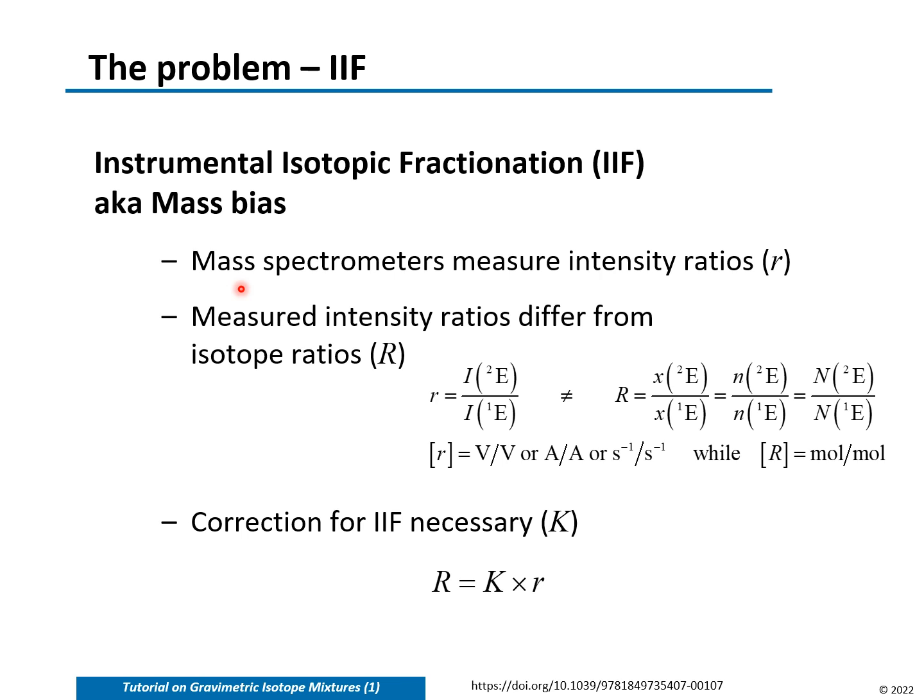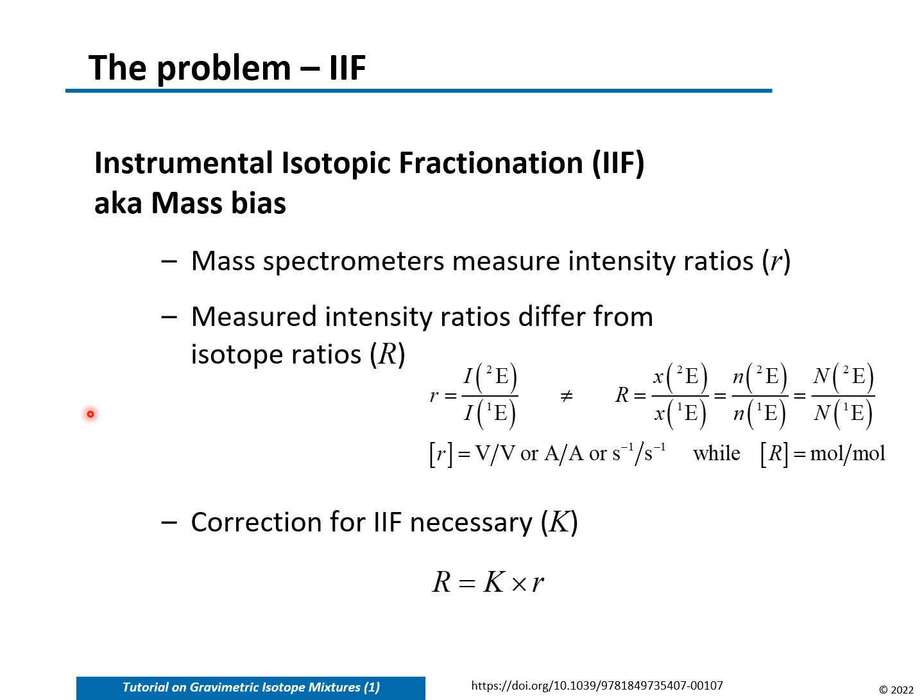Consequently, the signal intensity ratios are expressed, for example, in volt per volt, depending on the type of mass spectrometer you're using, while the isotope ratios are expressed in mole per mole, their SI base unit. This phenomenon as a whole is called instrumental isotopic fractionation, or short IIF.